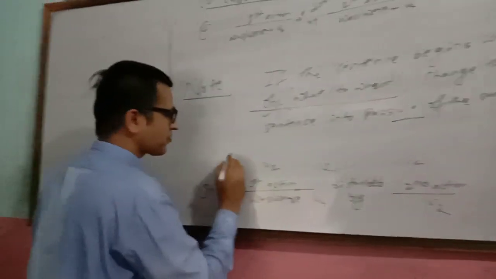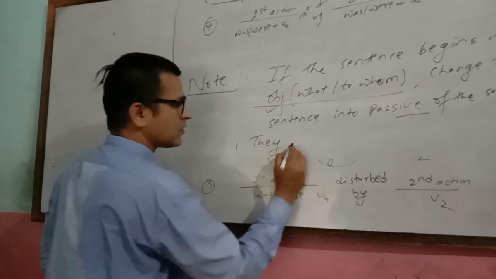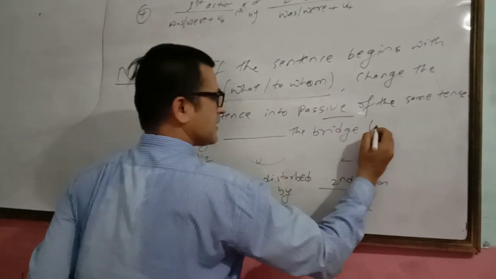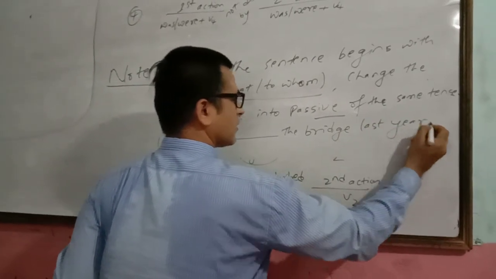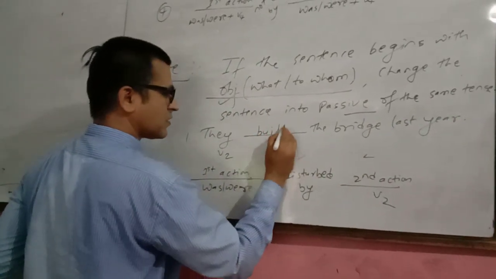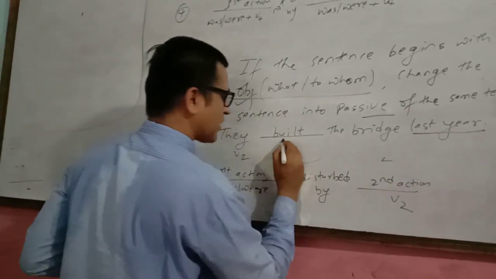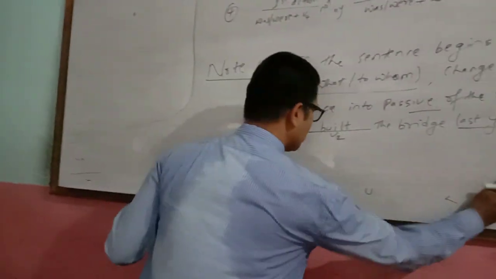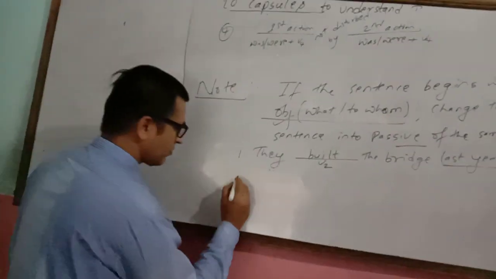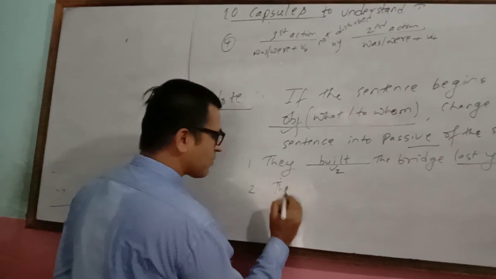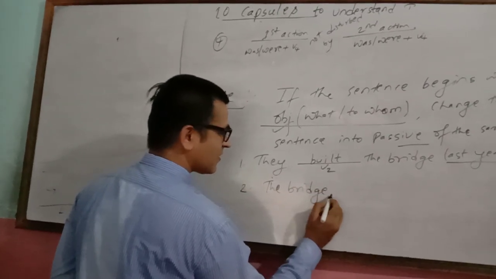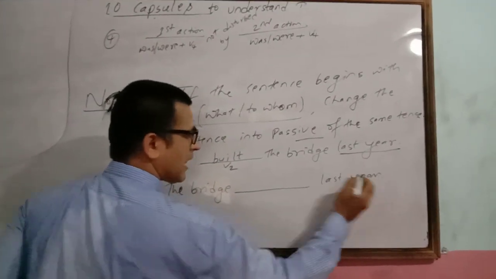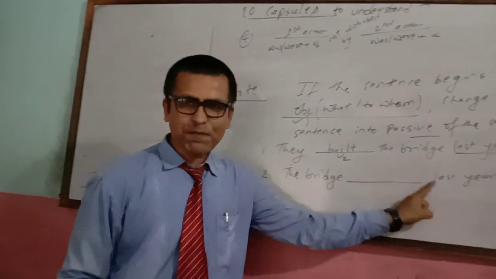For example, they built the bridge last year. Here we write built because there is last year and there must be V2, right? Now if the sentence starts from the bridge, and last year is given here, last year is the time adverb for simple past.